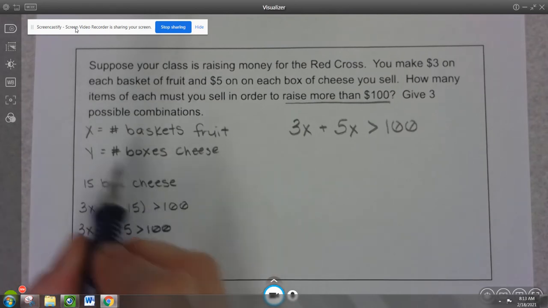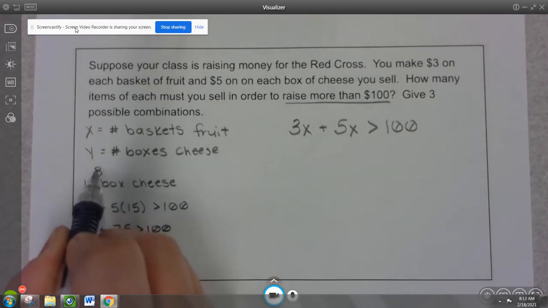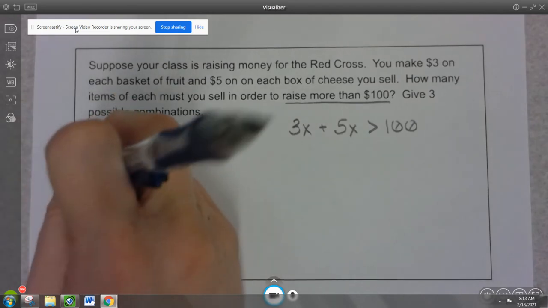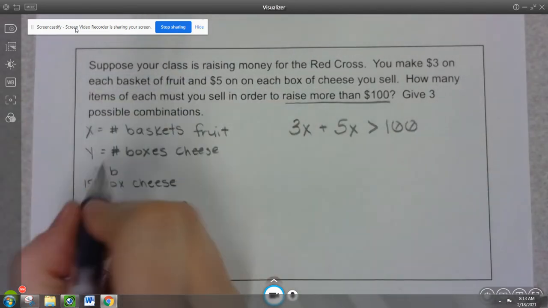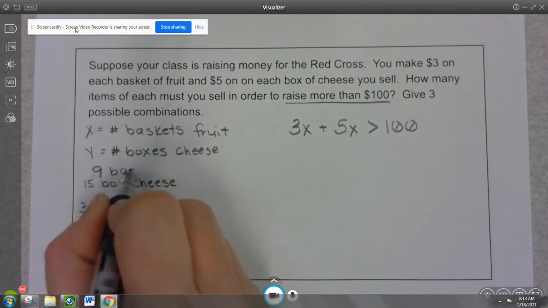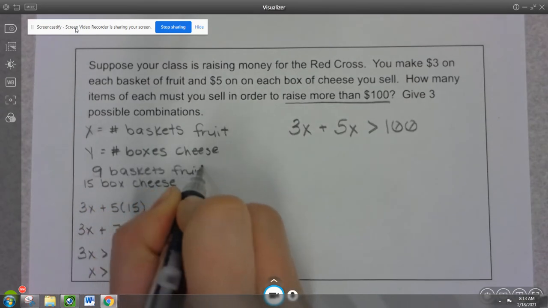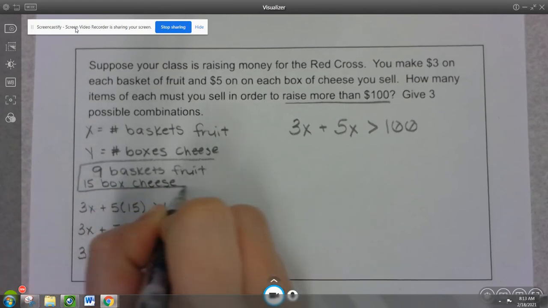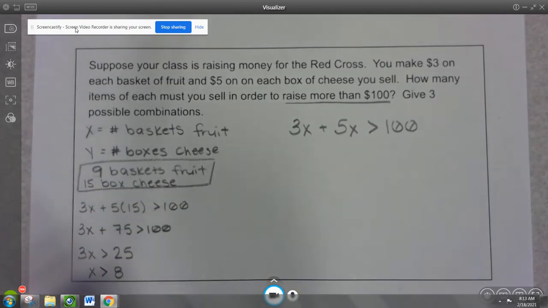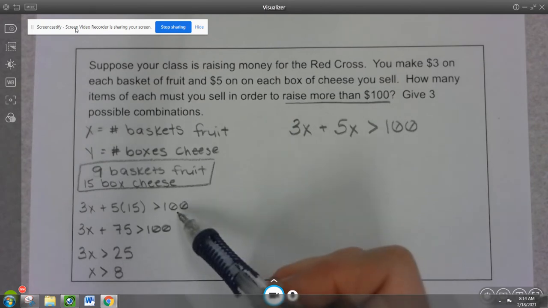So if I'm selling 15 boxes of cheese, it would not be 8 baskets of fruit. It would be 9 baskets of fruit. And that would meet my requirement. I could also do 15 boxes of cheese and 10 baskets of fruit or 12 baskets of fruit. That will still put me over that $100.